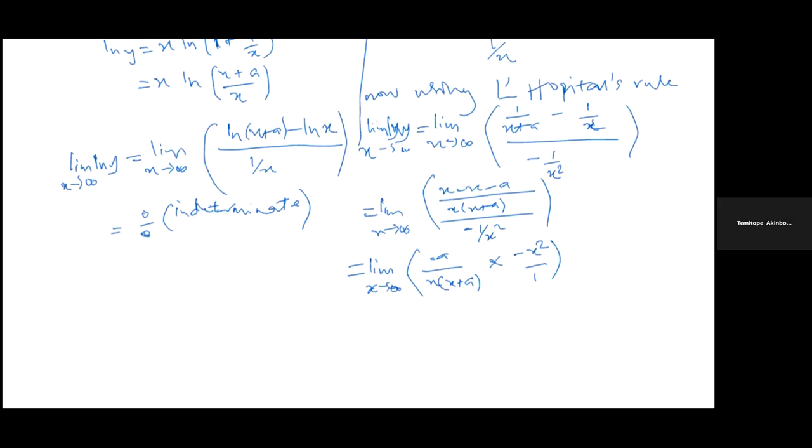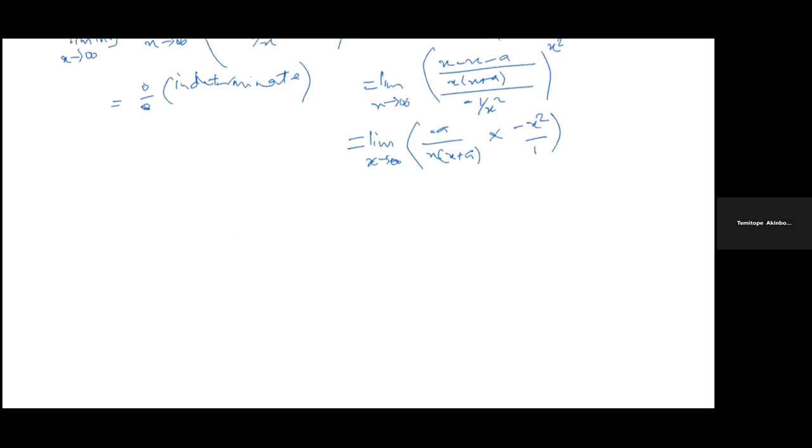So ln y will now be equal to the limit as x tends to infinity of, of course, this x will take care of one of these. Negative times negative will give us positive. So you have xa over (x + a).